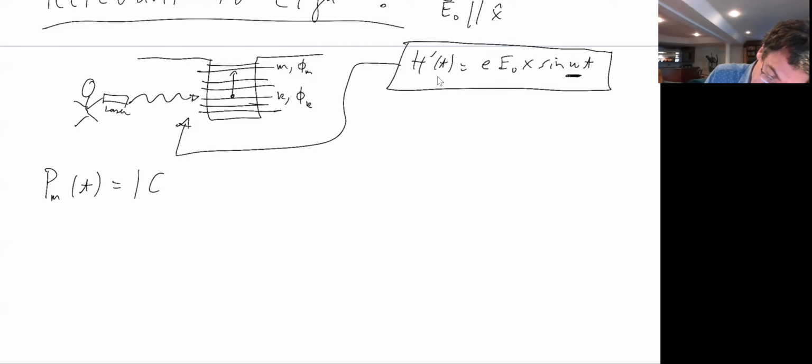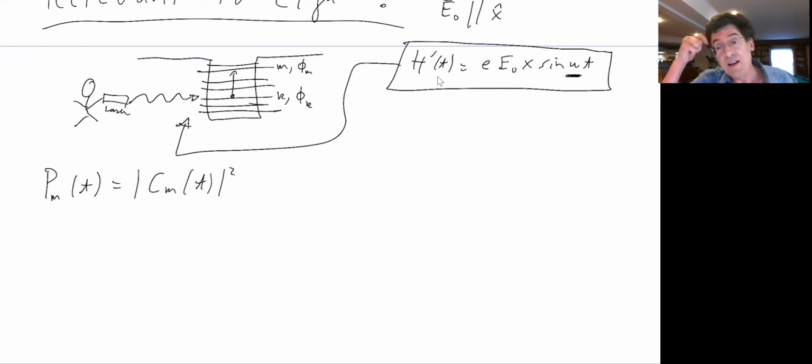just going to be the magnitude squared of c sub m of t, the amplitude to be in the nth state. And we know what that amplitude is because we know the formula for it.